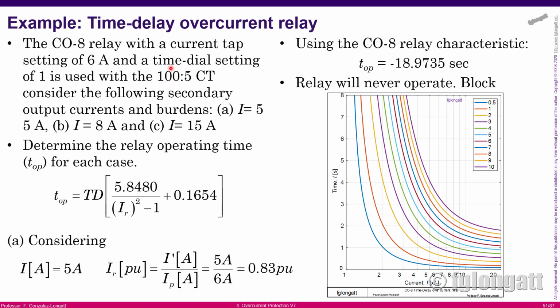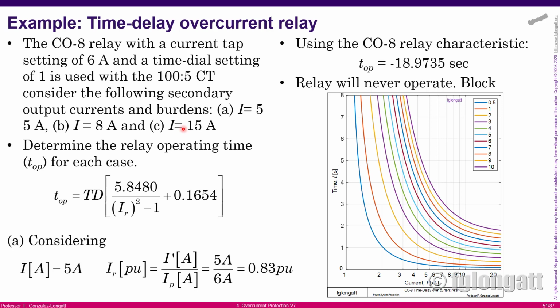And we are using, very interesting, a current transformer that is 100 to 5, okay? Now we have here the currents: 5 amps, 8 amps, and 50 amps, okay? We have 3 different currents over there, 5 amps, 8 amps, and 50 amps.